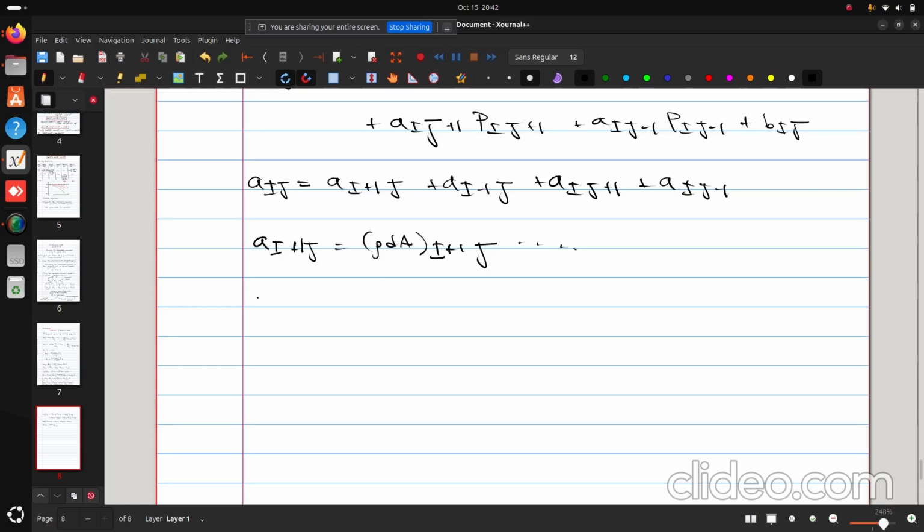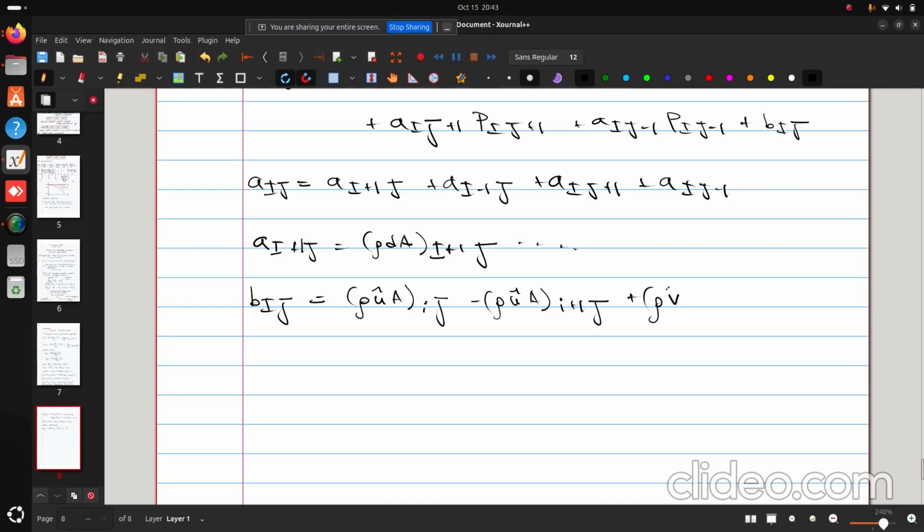And finally B capital I capital J will be rho u hat A small I capital J minus rho u hat A small I plus 1 capital J plus rho v hat A capital I small j minus rho v hat A capital I small j plus 1.